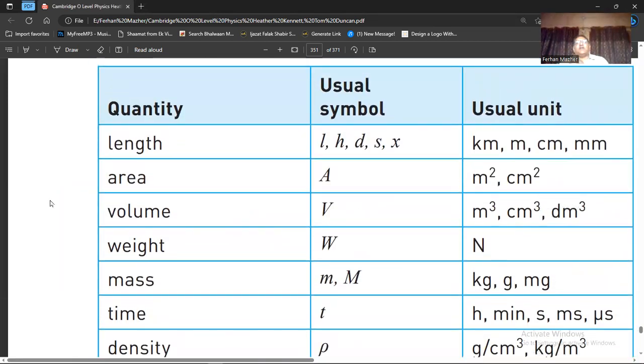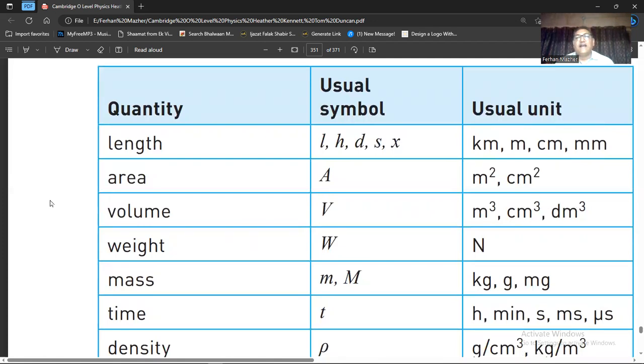For example, quantity, usual symbol and usual unit. Length: normally we use the symbol L, H, sometimes D, sometimes S, sometimes X. The usual unit for this is kilometer, sometimes meter, sometimes centimeter, sometimes millimeter.